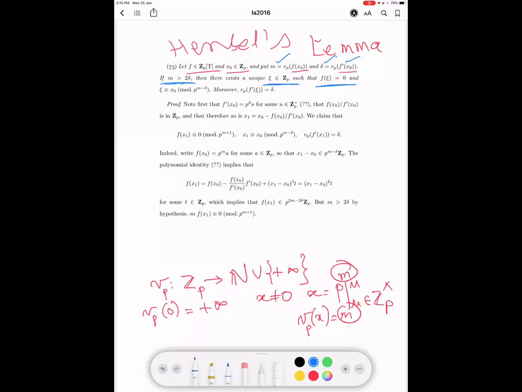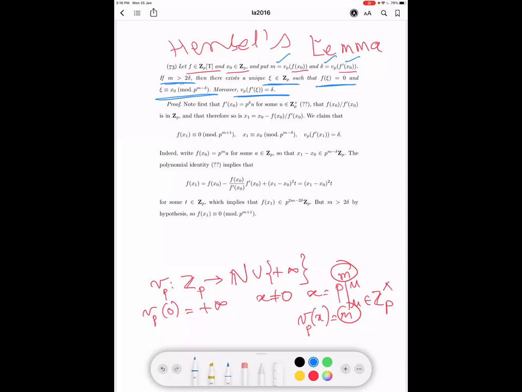So it's a root of f. And moreover, this psi is congruent to the given x naught modulo p to the m minus delta. And finally, the Vp of f prime of psi is equal to delta.